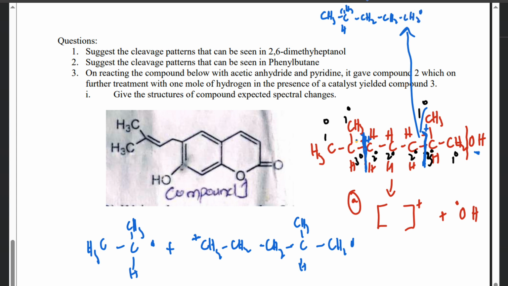This one will be dot plus this one CH3, because the product here, the carbocation here is secondary, but the carbocation here is just primary. So this one will be CH3, CH2, OH. So this should be the most stable. This should be the most stable fragmentation pattern there.